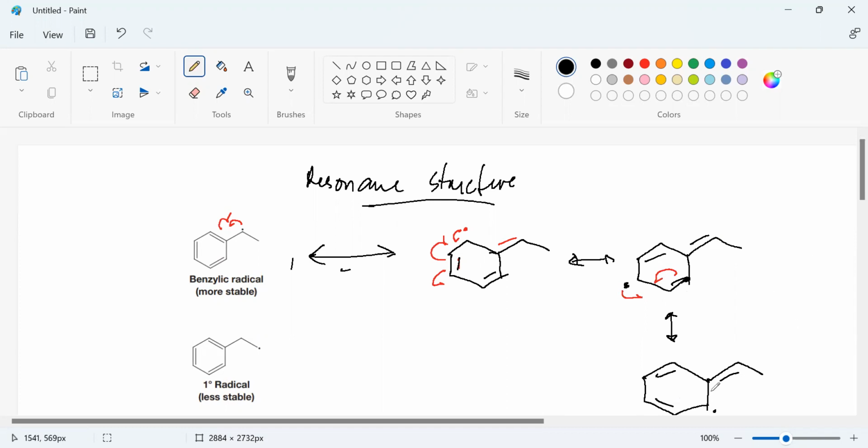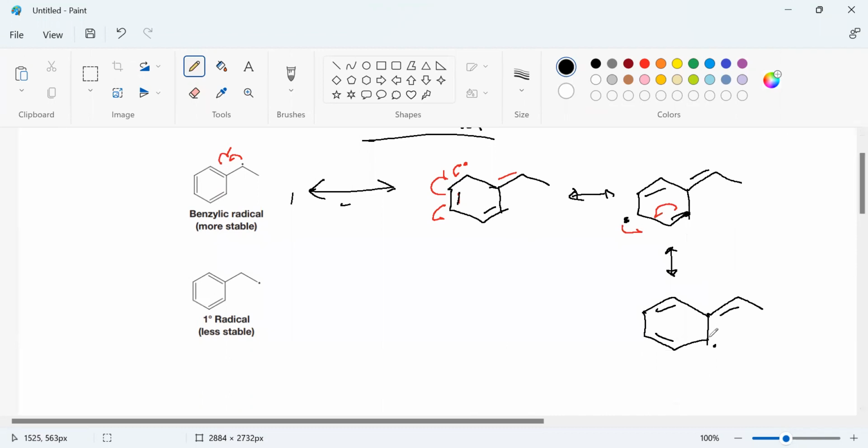And then of course the other one. You will have one electron and another electron, and you will have your dot here.